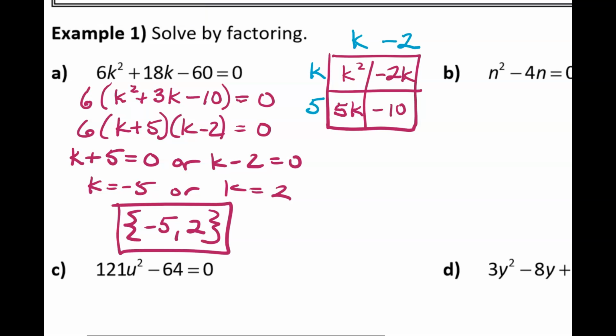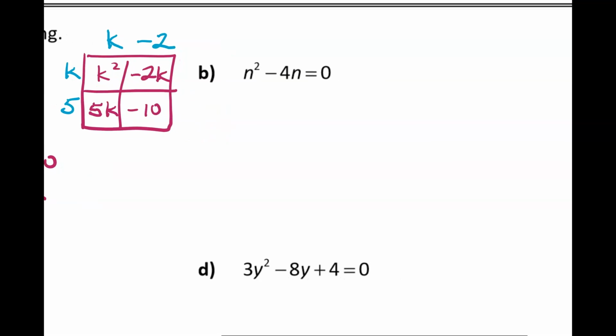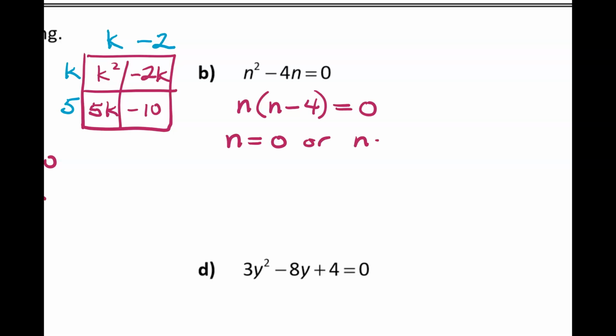All right, let's try another. n squared minus 4n is equal to 0. This one's not a trinomial, so all I need to do for this one is factor out that GCF. And so one of our variable factors must be 0.